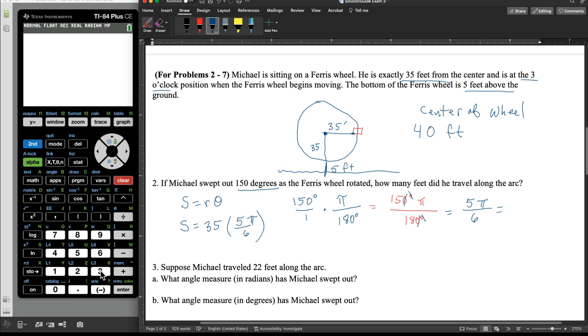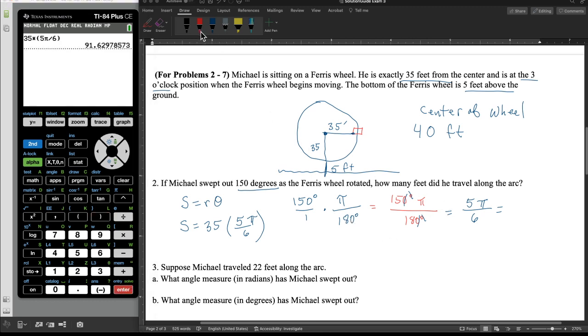Let's go ahead and multiply that out. 35 times 5 pi, and then we'll divide it by 6. And there we have it.